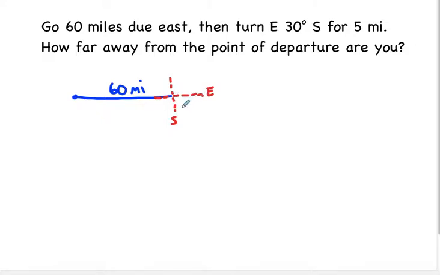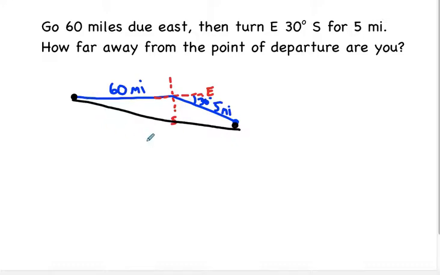From the east, bend down towards the south by 30 degrees. And we're going to do that for 5 miles. And now the question is, how far away from the point of departure are you? So here was the point of departure. Here's where we are now. I want to know how far away are we?